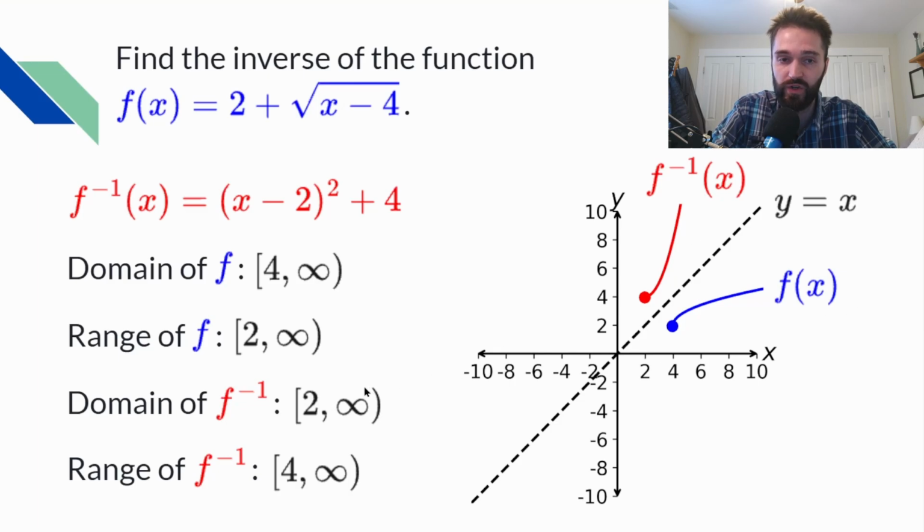So, because the domain is restricted, this parabola becomes this swoosh here, and we can see that it passes the horizontal line test. It also passes the vertical line test. So, these are my two functions. They're reflections across the line y equals x.